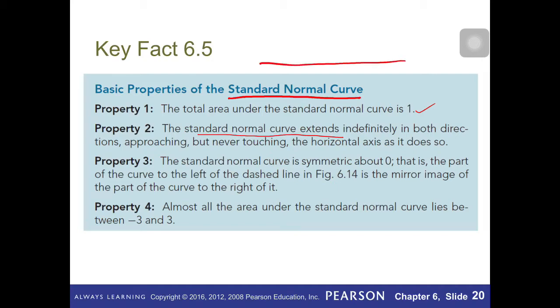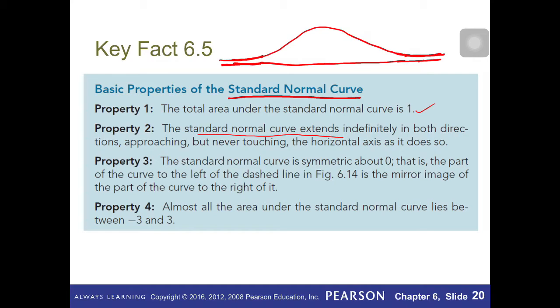These have tails. We call this a tail, the left-hand and right-hand. At these points the curve is very close to the horizontal axis, but it never touches it from both sides.